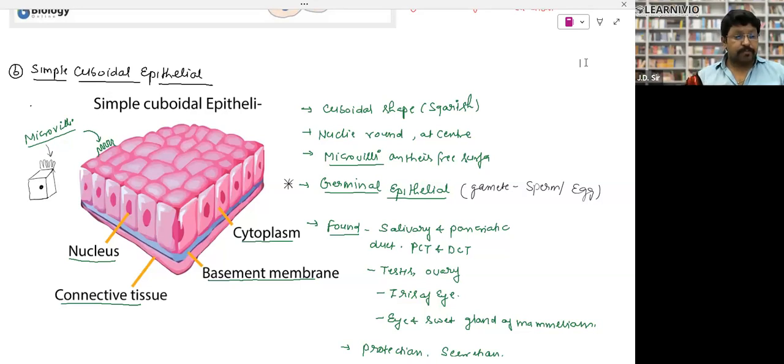Full stop. Microvilli increase the absorptive surface area.